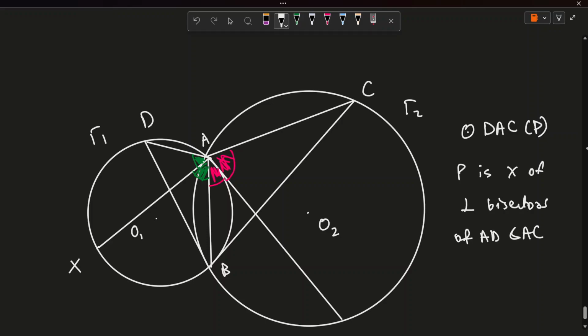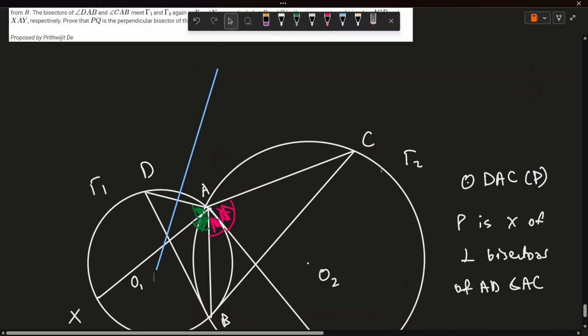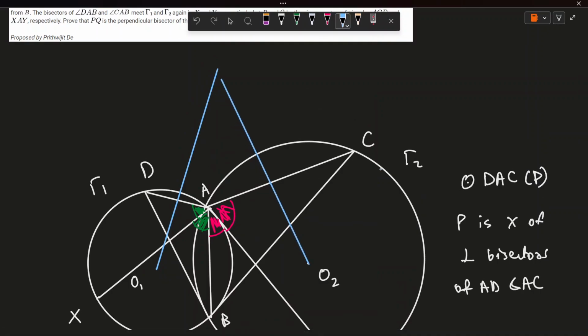Okay, and we already know that in a circle the perpendicular bisector of any chord passes through its center. So if we draw this line, this is the perpendicular bisector of AD. Okay, and similarly we draw a perpendicular bisector of AC, and the point at which they intersect, this is the point.